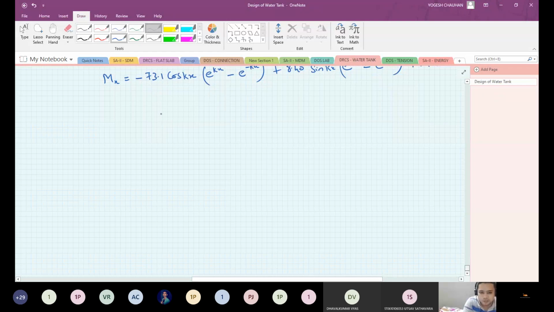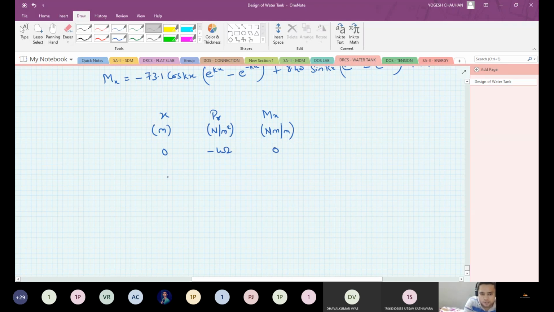So if you make a table now, write the value of x in meter, PR, that is the radial pressure in Newton per meter square, and Mx in Newton meter per meter. So at x equals to 0 meter, it will be minus 452 and the moment will be 0.